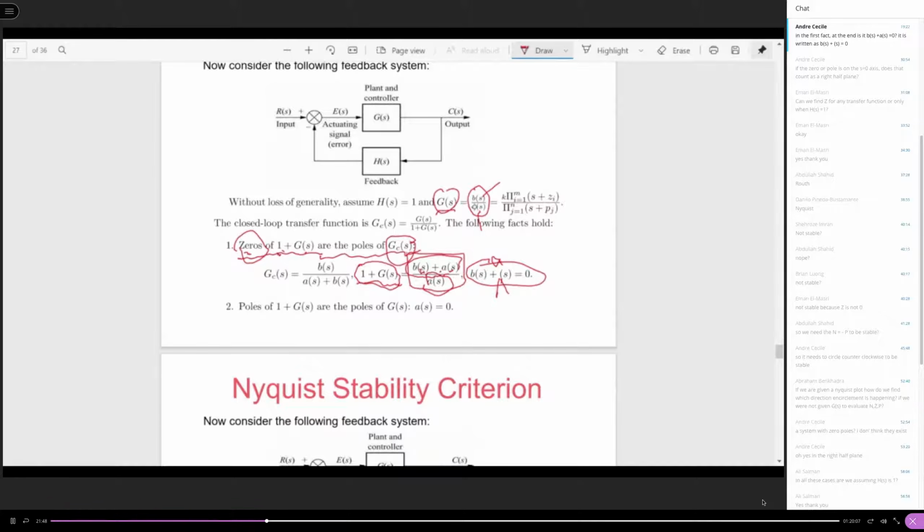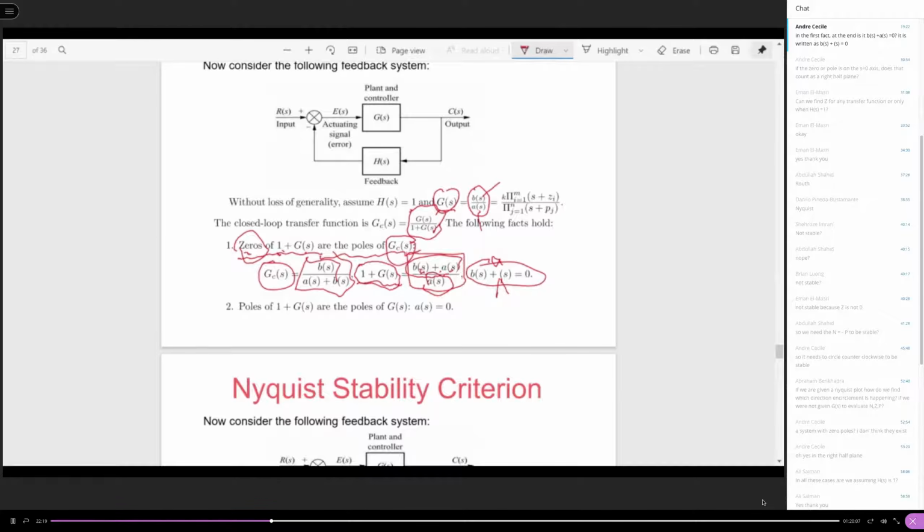Then let's look at it. If we have g of s equal to b of s over a of s, what is my closed loop system? My closed loop system is here. You substitute b of s over a of s into this expression, and another easy manipulation gives you the closed loop system's expression in terms of the ratio of polynomials.